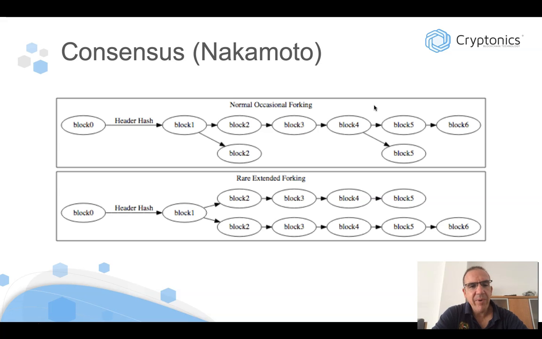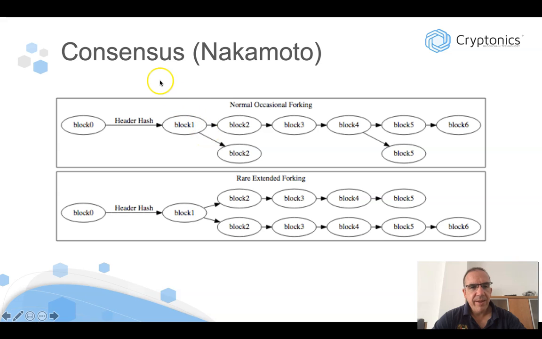But anyway, for every block, the nodes have to come to an agreement on whether to include the block or not. And in the case of forking, which is the process of two blocks being valid at the same time, or being produced at the same time, they have to decide which path in the chain to take.